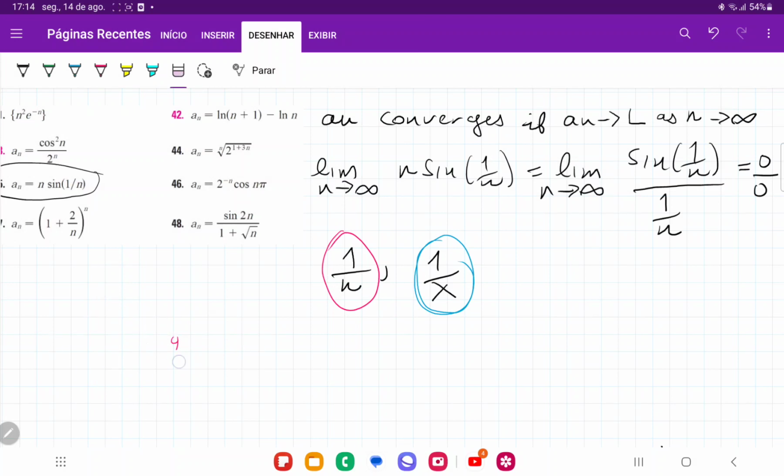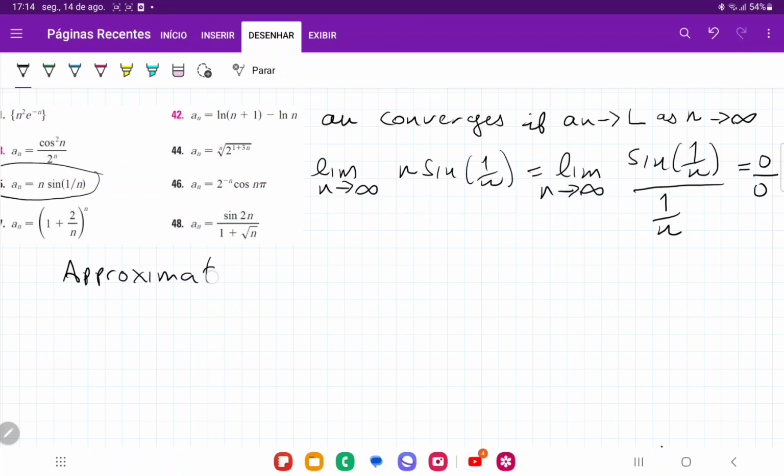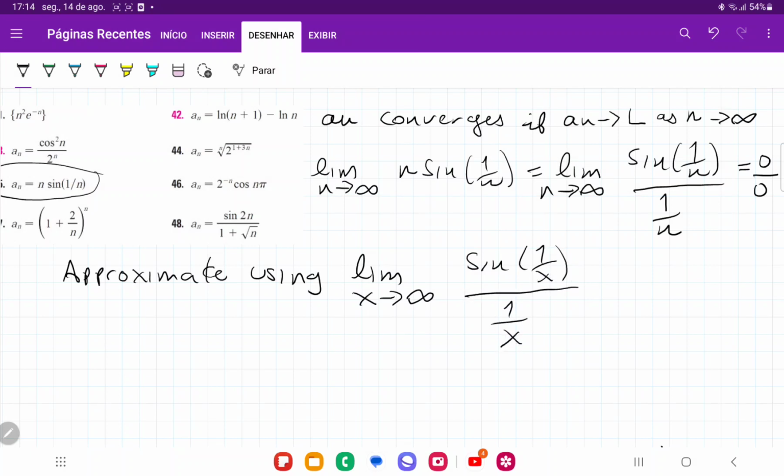So since the function and the sequence described by the same equation head to the same place, we're just going to turn this into the limit as x approaches infinity of sine of 1 over x divided by 1 over x. Now we can use L'Hopital, right?